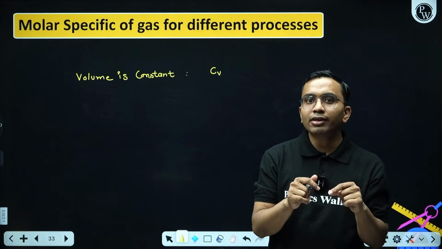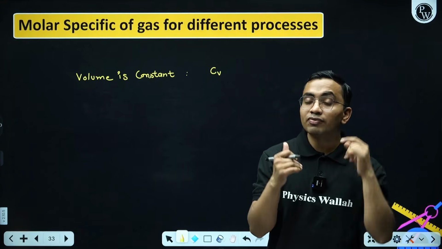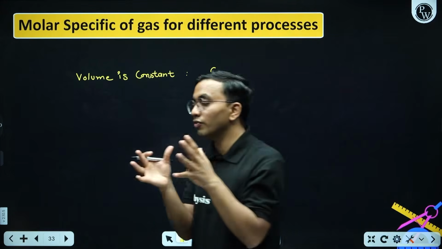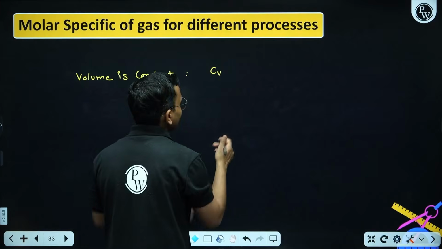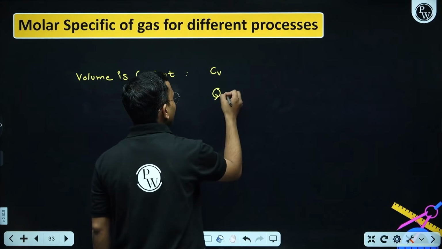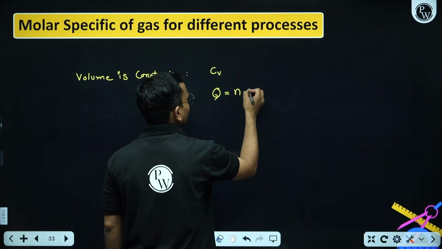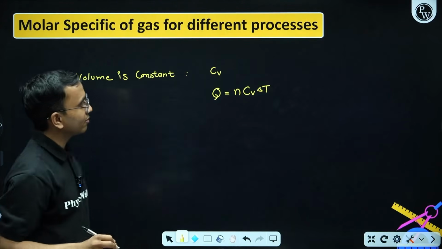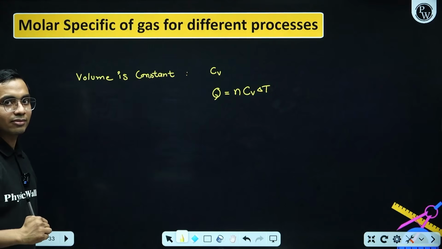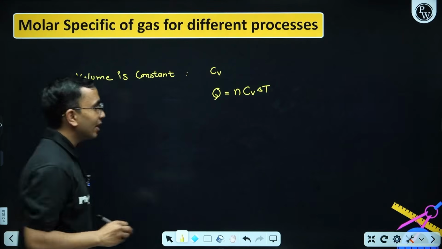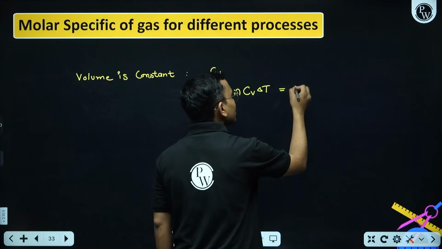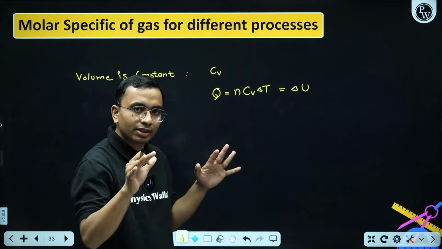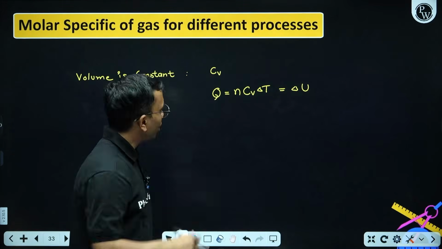What is the internal energy of the gas? N CV T. If the temperature changes by delta T, the change in the internal energy of the gas is N CV delta T. So if you give Q amount of heat, that will be N CV delta T, and this is the change in the internal energy because the gas is not doing any work, it's not expanding or compressing.